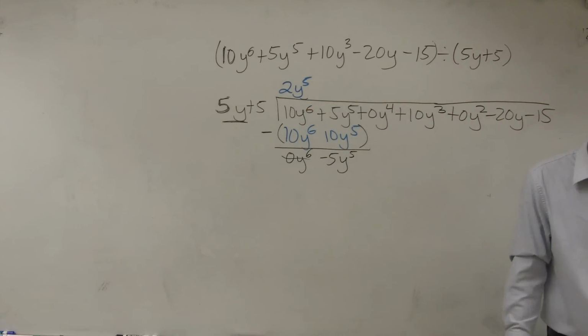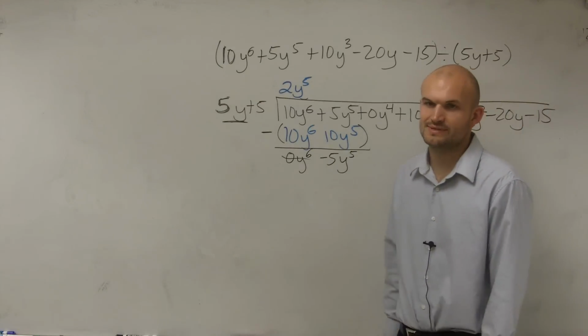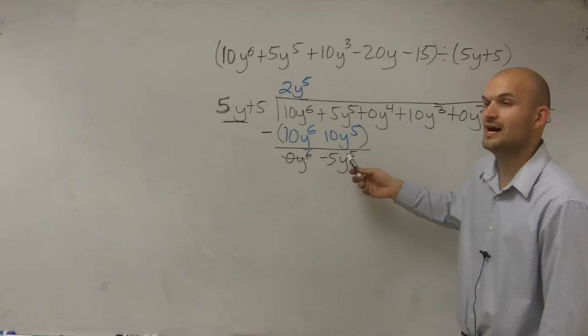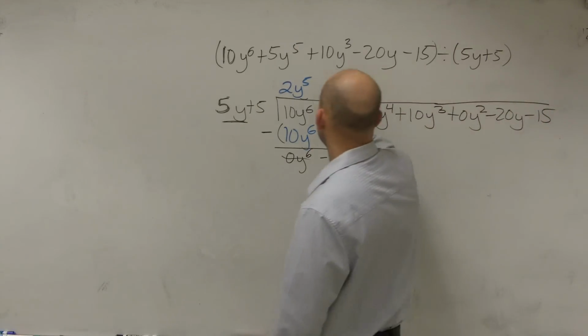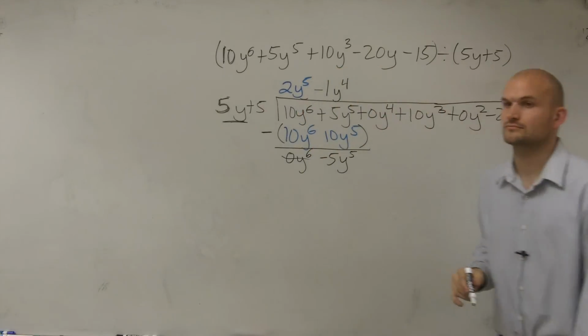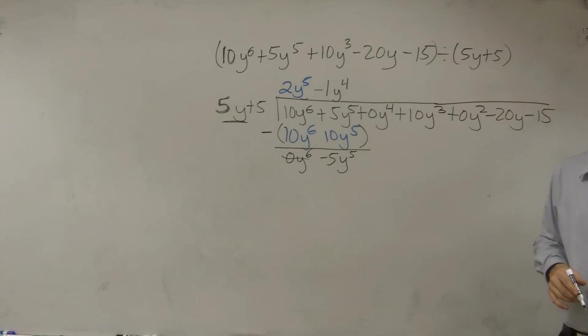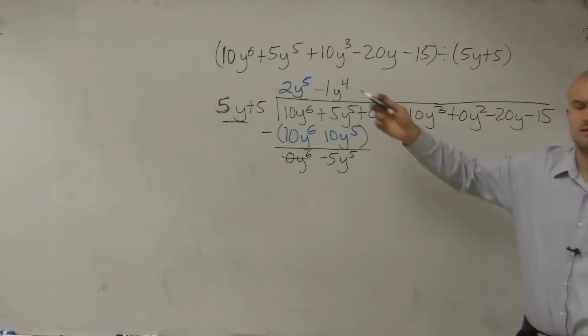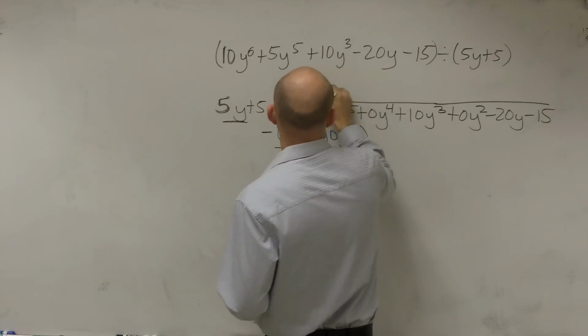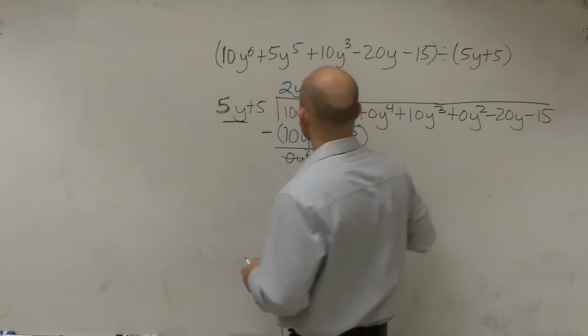Fair enough? Now we go back and start again. 5y divides into negative 5y to the 5th, a negative 1y to the 4th. Does anybody have any questions on how I divide it in?